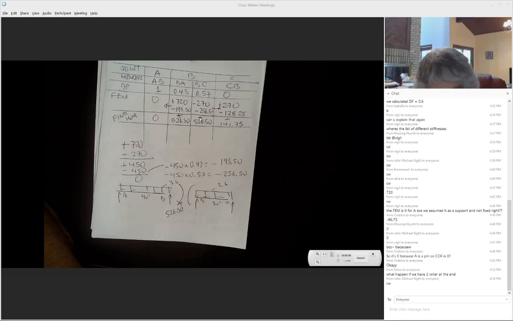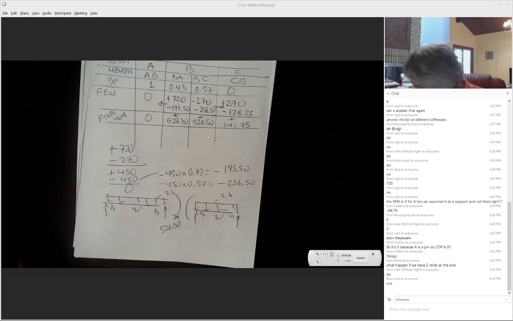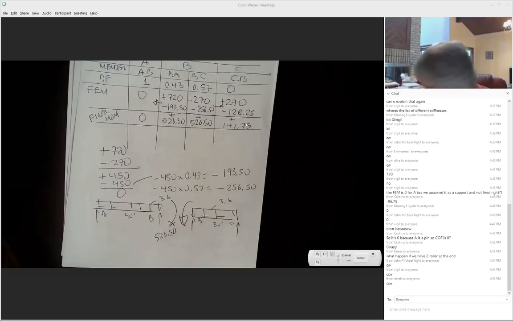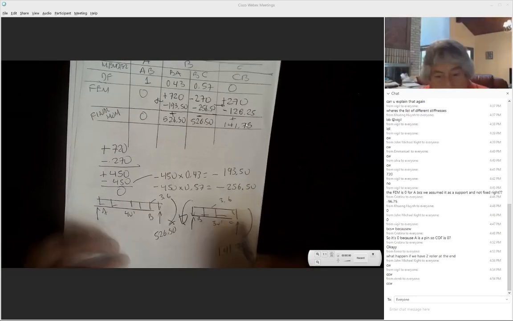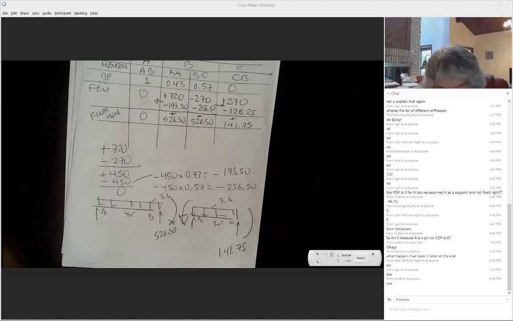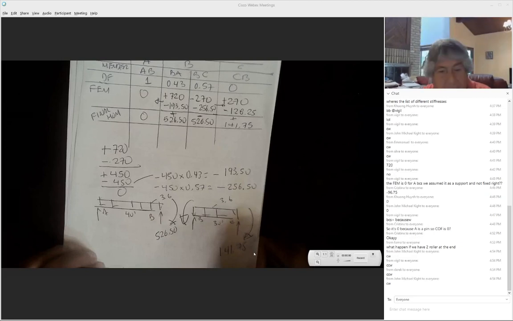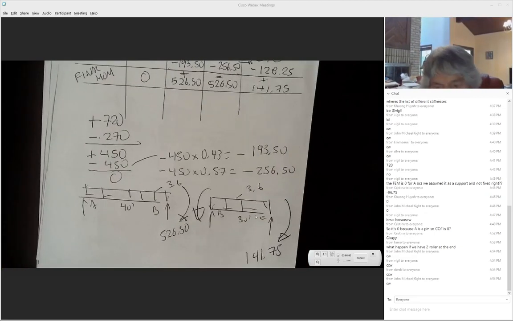What is the direction here? Or this one? Minus. And finally, 141.75. What is the direction here? This is positive. Clockwise. So now the problem is finished because you can compute the reaction and do your shear and the moment.